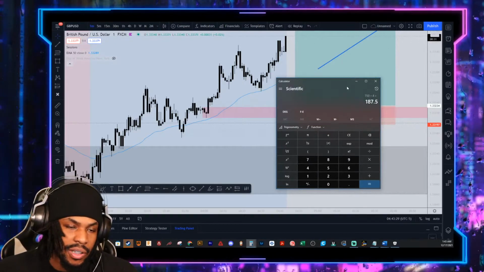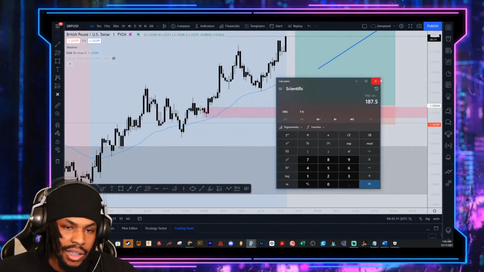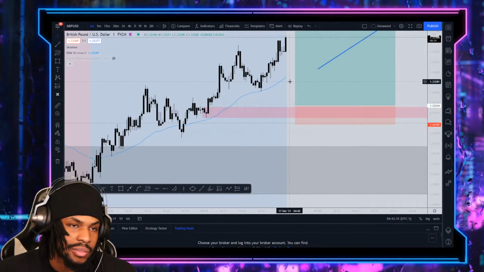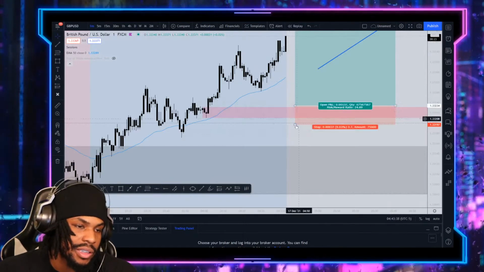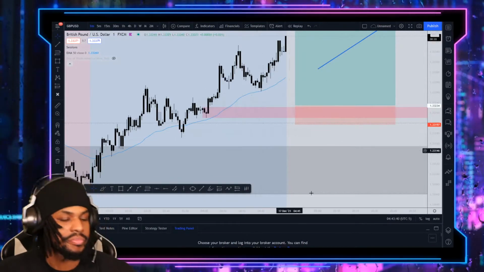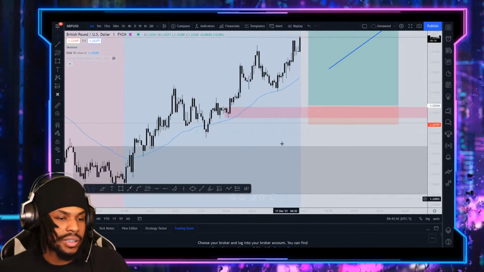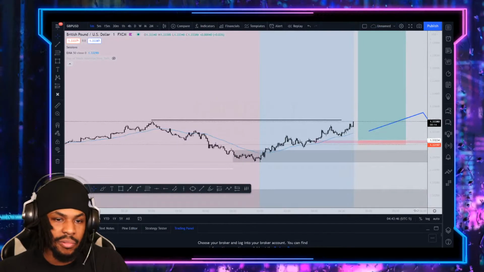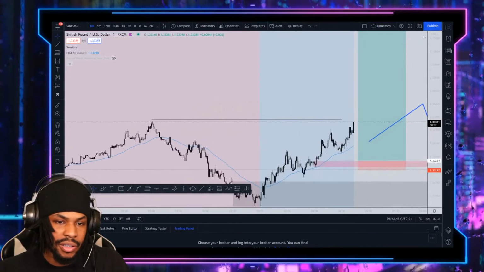So 187 a lot. What is that, like 18 lot almost? So I'll realistically maybe drop it down to like a 17 lot. Yeah, 17, 16. Either way, if I'm just targeting like a 1 to 4, that's not a bad trade.